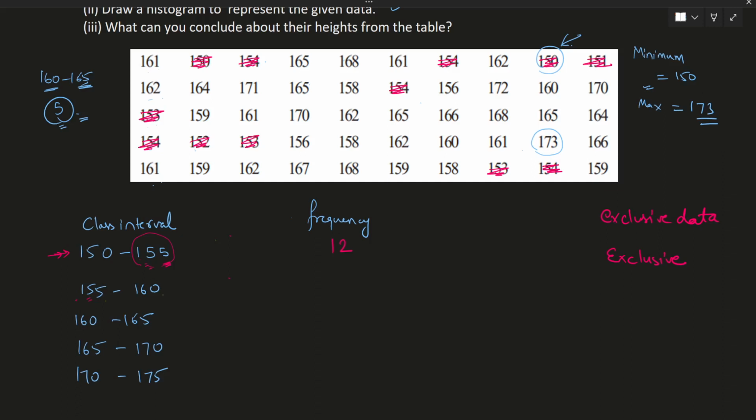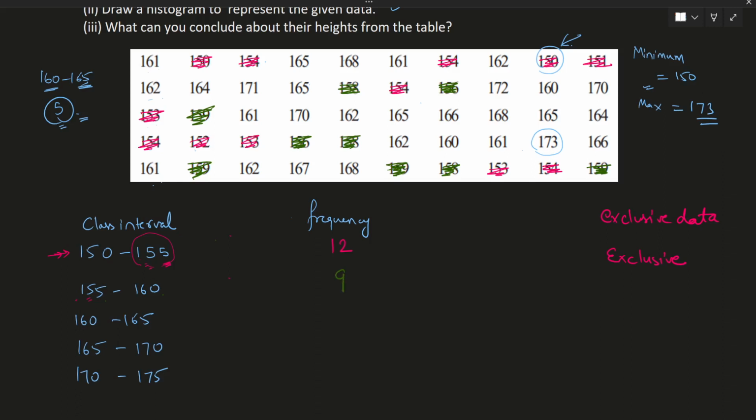There are 155, 156, 159, 156, 158, and any number below 160, 159 here also. Let's count how many there are: 1, 2, 3, 4, 5, 6, 7, 8 and 9. So I have 9 here.